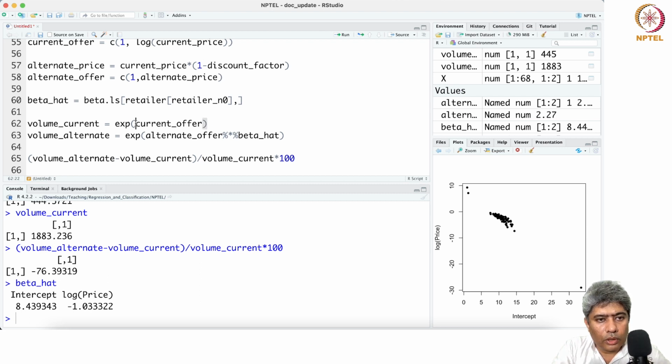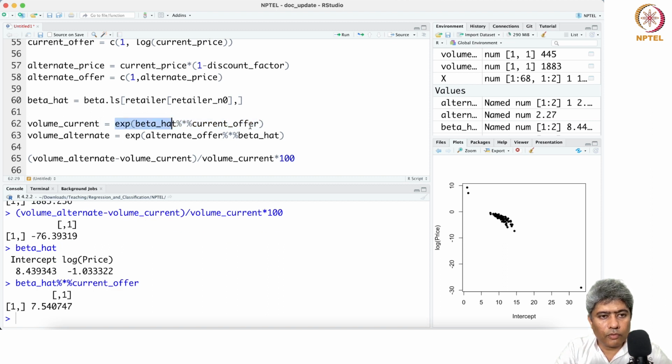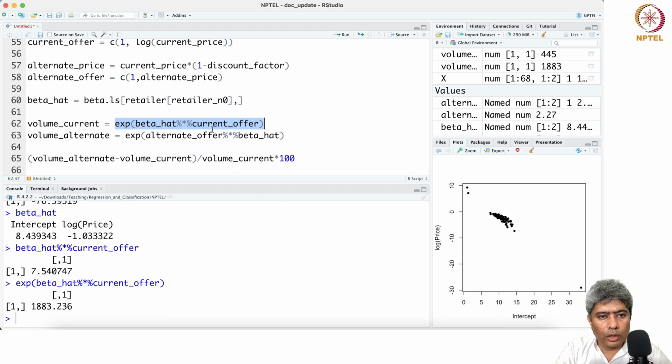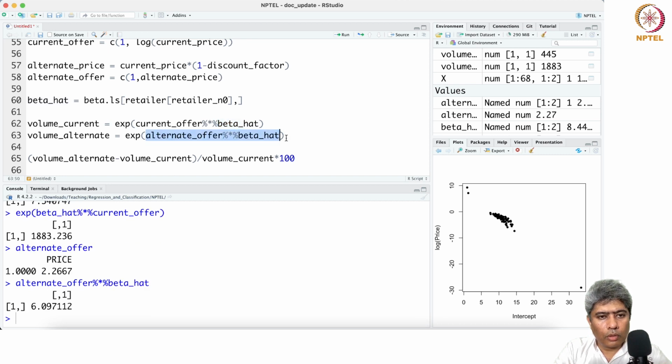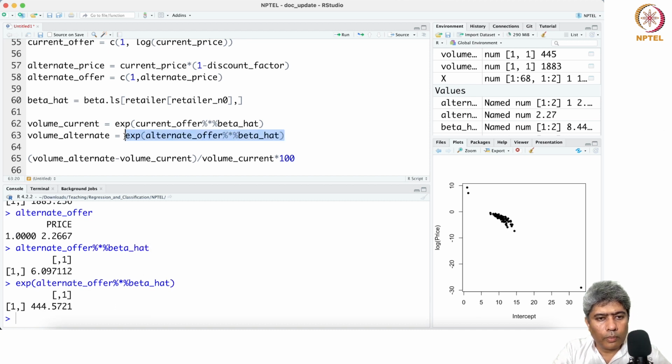Let me just do one thing. Percentage star percentage. I think I'm making 7.75, right? 267. This seems very different.